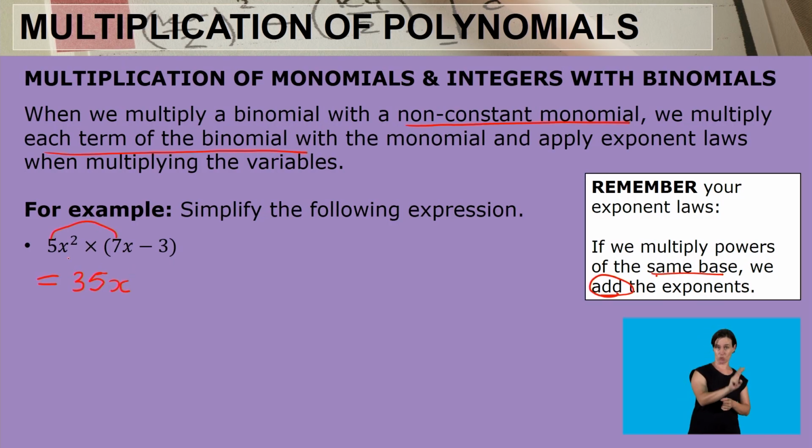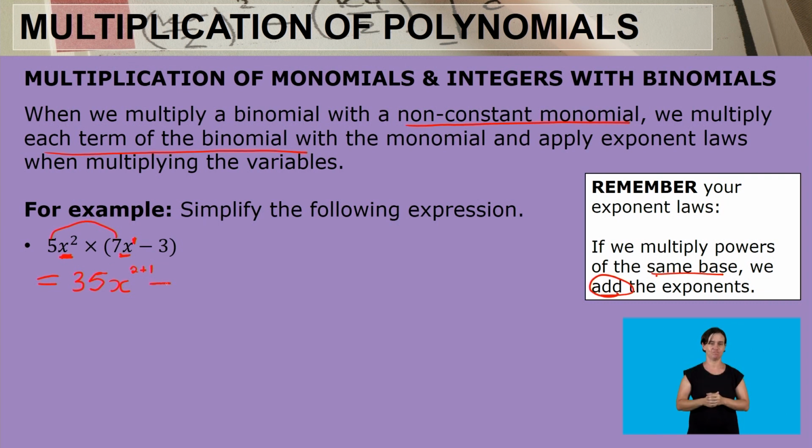We have an x squared multiplied by an x. Remember that x has an exponent 1. And what happens if the base is the same? Yes, we are going to add the exponents. And then that is going to give us that 35x, and as an exponent 2 plus 1. Because remember, the same base, we add the exponents.